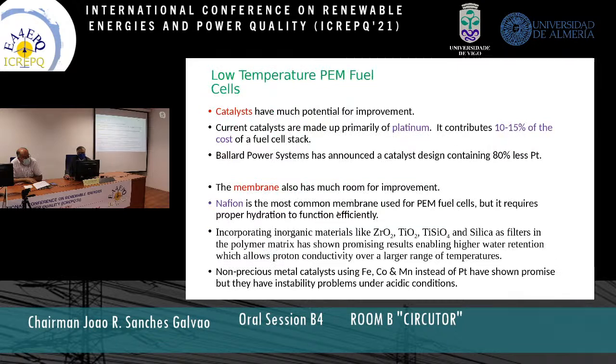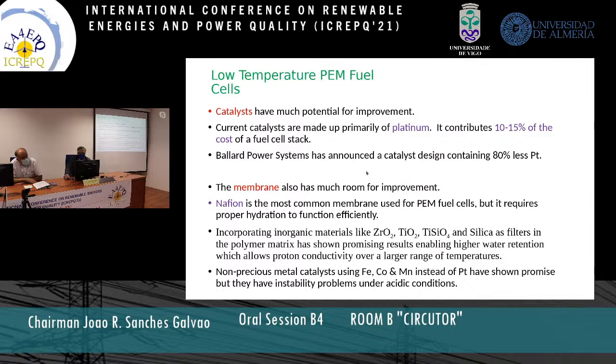Some information on low temperature PEM fuel cells. The catalysts have a lot of room for improvement, and usually platinum is used as a catalyst in PEM fuel cells, but it is quite expensive, and it contributes about 10 to 15% to the cost of the fuel cell stack.